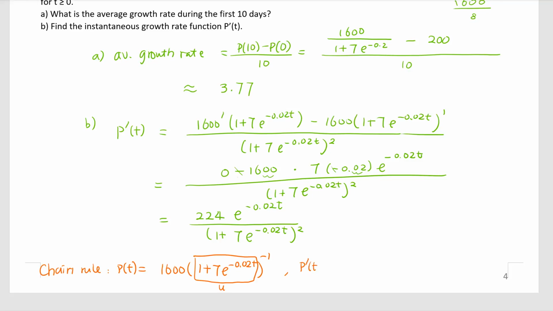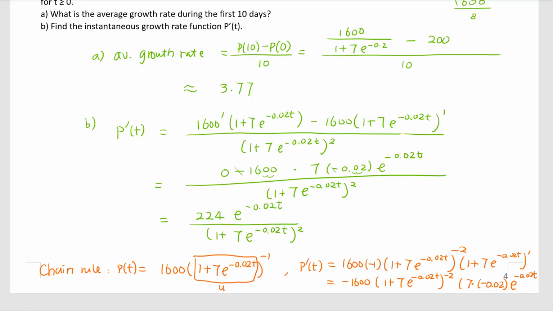Then P prime of t is 1600 times negative 1 times u, which is this guy, to the negative 2 times u prime. So that's why we get negative 1600 times (1 plus 7 e to the minus 0.02t) to the negative 2, times u prime. You see, 7 stays here, and then this guy is minus 0.02 times e to the minus 0.02t.